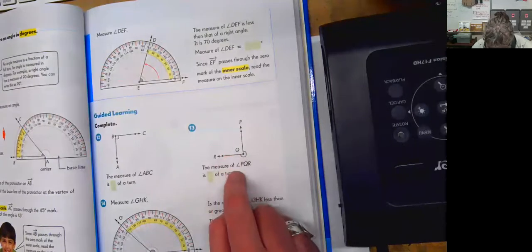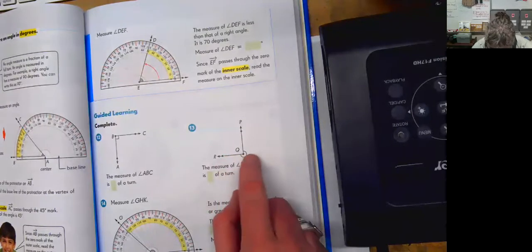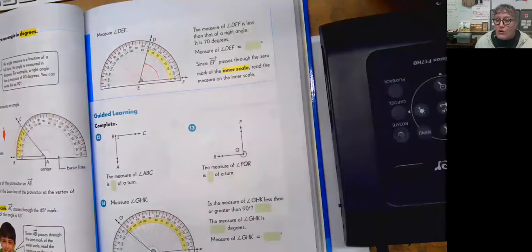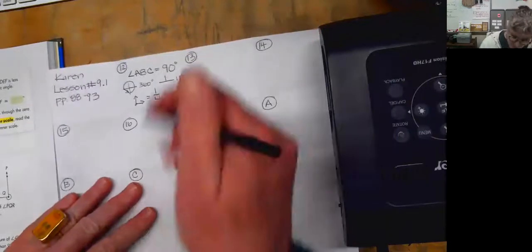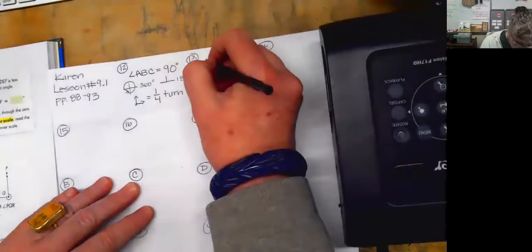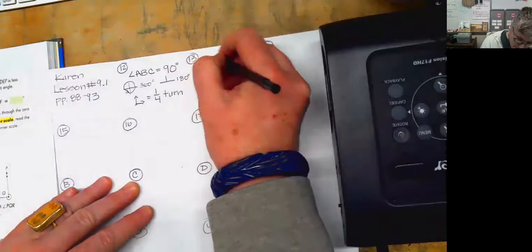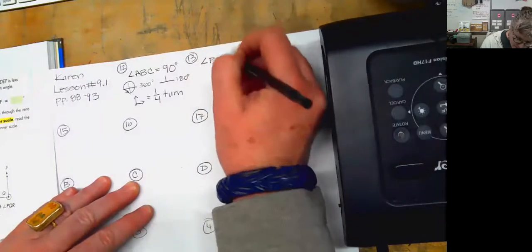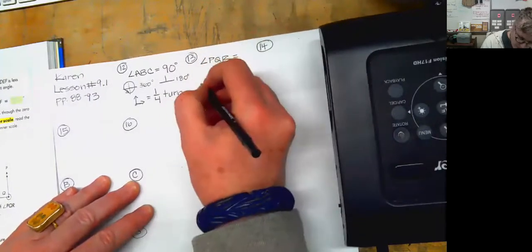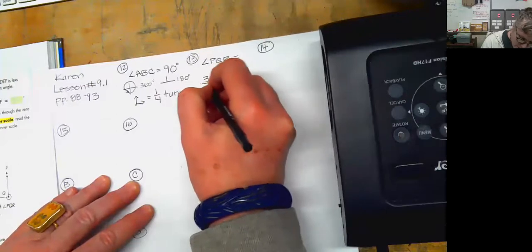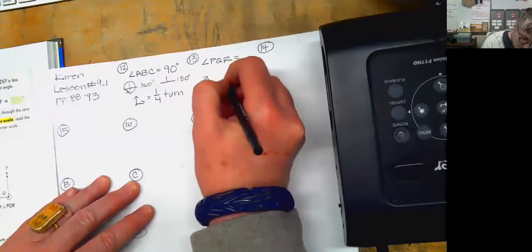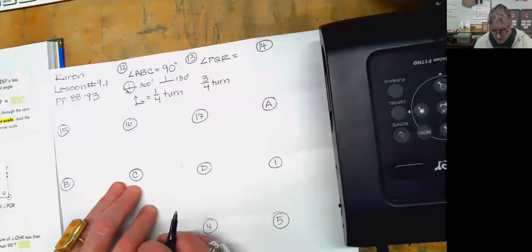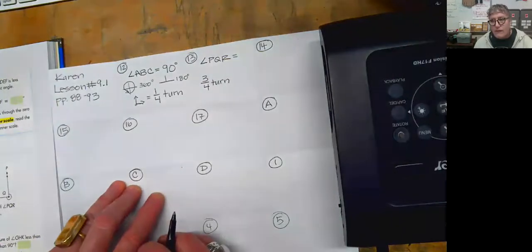Here's 90, 90, 90. I would say it's 3/4 of a turn, right? So we're going to say angle PQR equals 3/4 of a turn. Does that make sense to everybody?